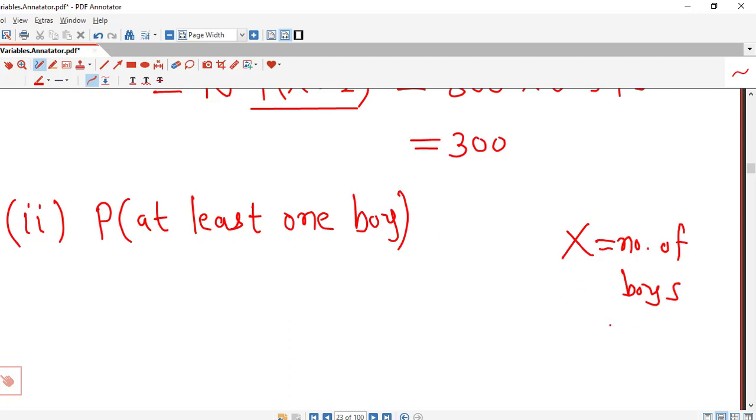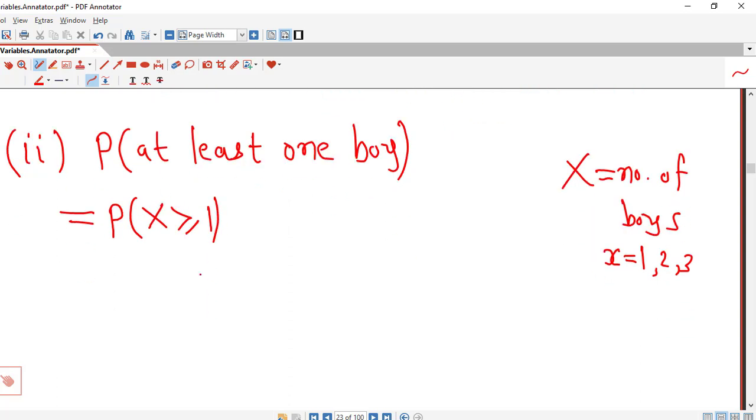So at least 1 boy means possible values of X are 1, 2 and 3. So this we can rewrite as probability that X is greater than or equal to 1. We can find it in this way: probability that X equal to 1 plus probability that X equal to 2 plus probability that X equal to 3.